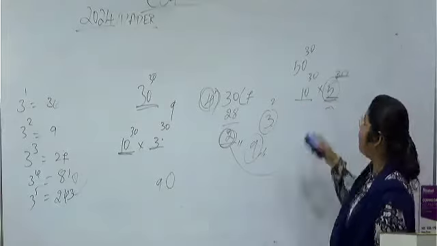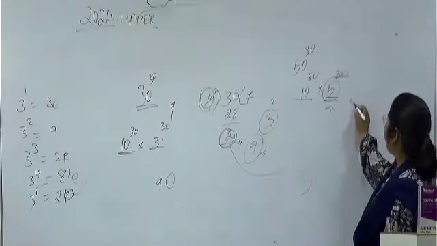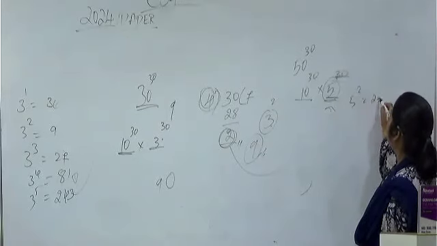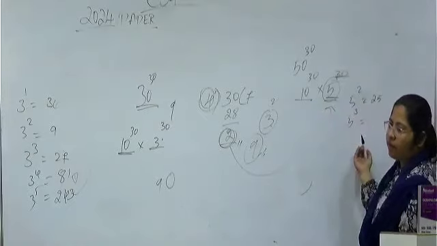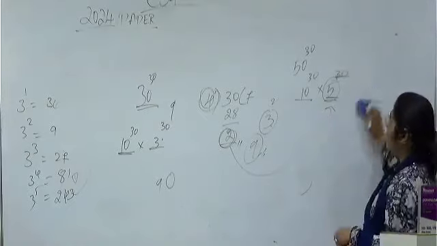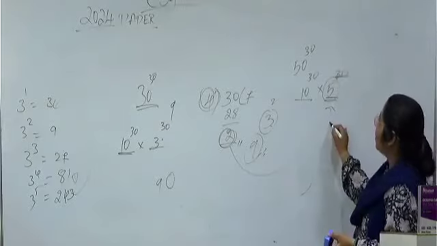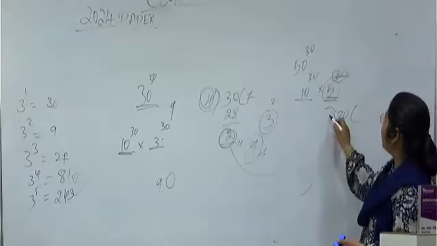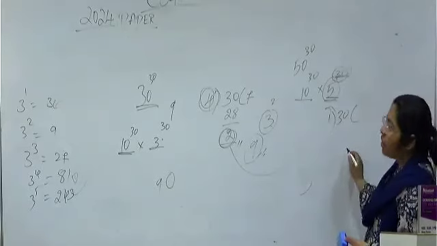For 5 you need to find out the cycle. 5 square is 25. 5 cube is always 5, right? The cycle is 1.